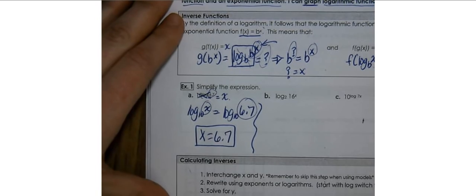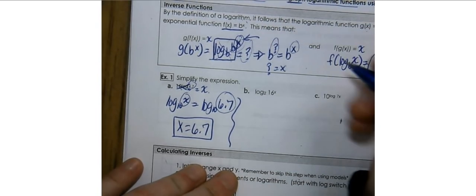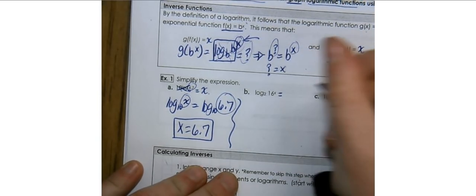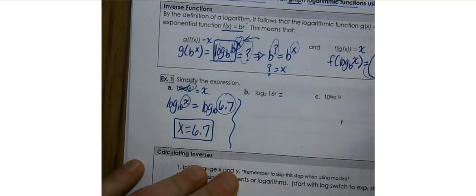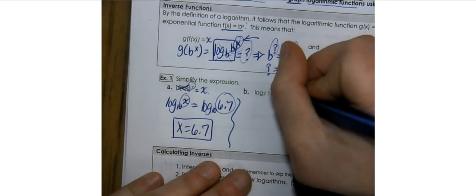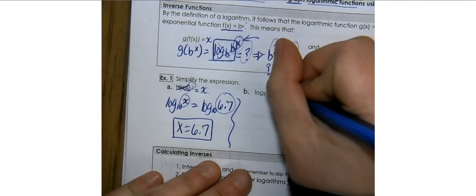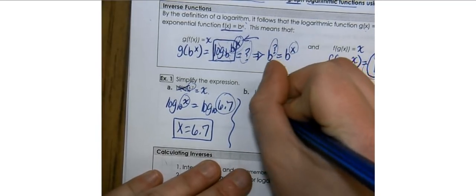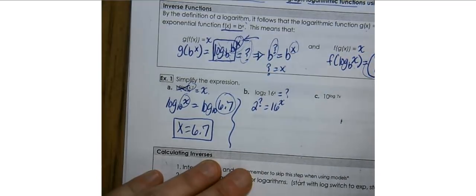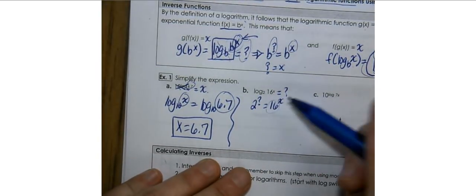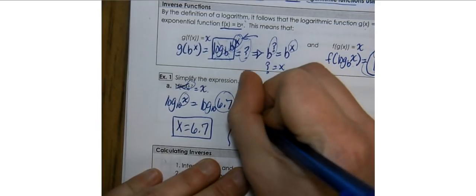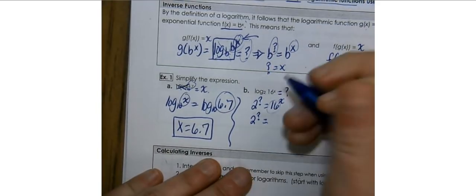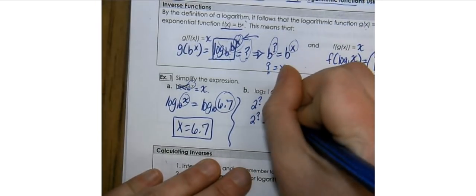For letter B, we can do the same thing. We can rewrite this using a question mark, or we can call it y, whatever you want to do. I can write this as 2 to the question mark is equal to 16 to the x power. So I can rewrite 16 using a base of 2 and make this 2 to the question mark is equal to 2 to the 4x power.